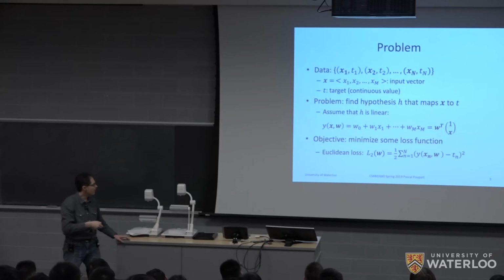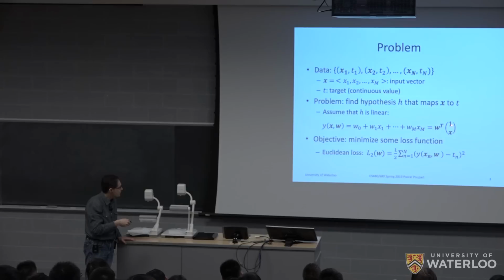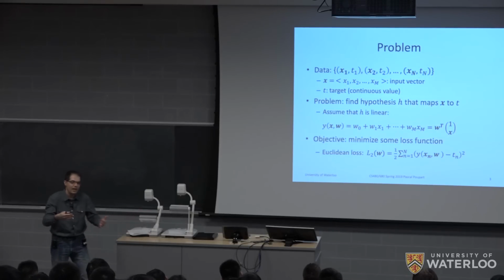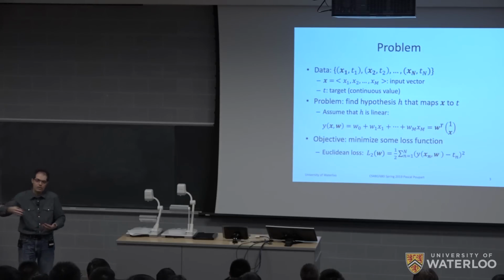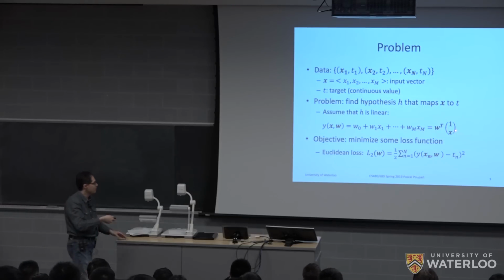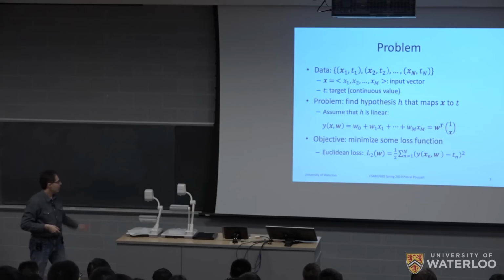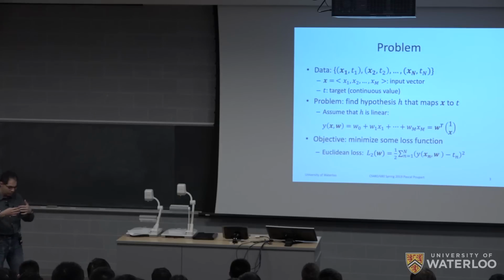The reason there's a 1 here is because I need to multiply w0 by something, and in principle I don't want to multiply it by any of the inputs, so I'm just going to multiply it by 1. Okay, so that's how we define the space of linear functions.